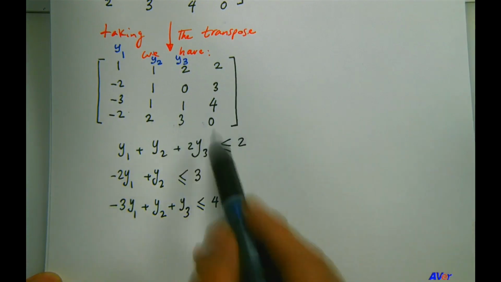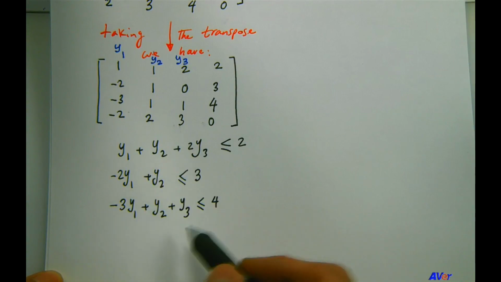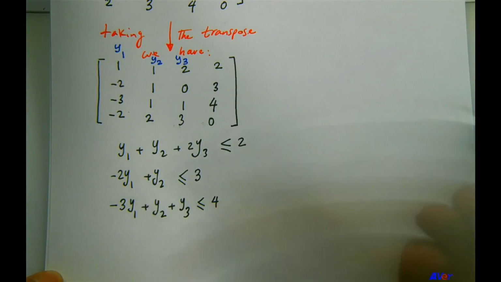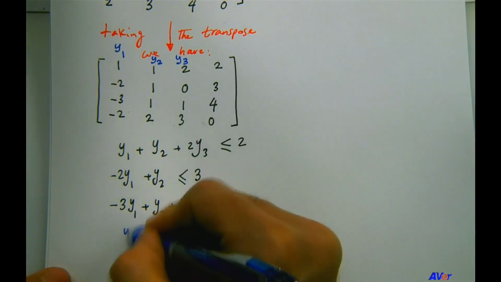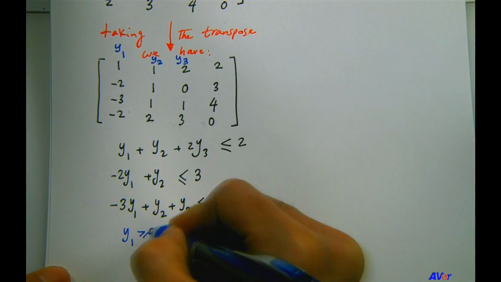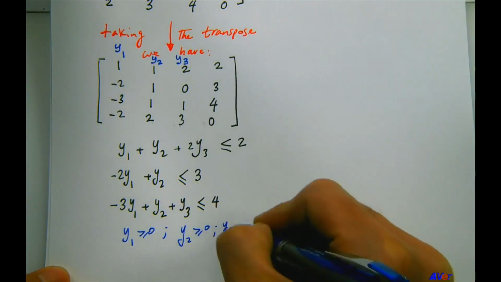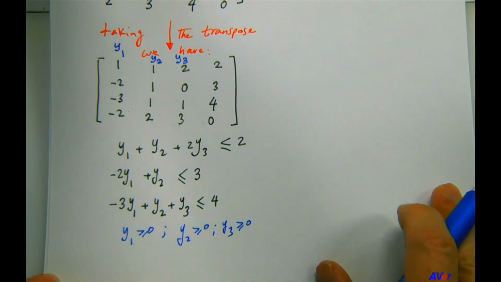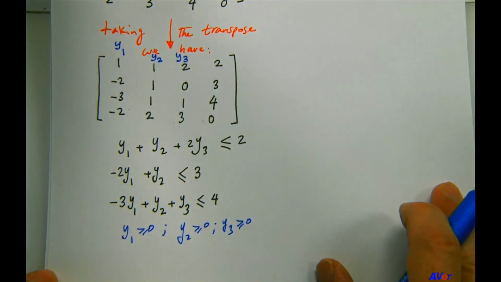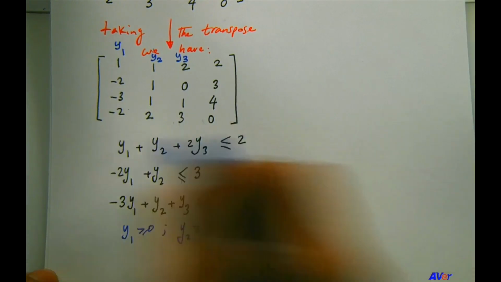And of course, all these new variables should be non-negative. So let's write that down. So y1 greater than or equal to 0, y2 greater than or equal to 0, and y3 greater than or equal to 0. So we're missing one equation, right? That's the objective function for the dual problem. Let me write that right here.